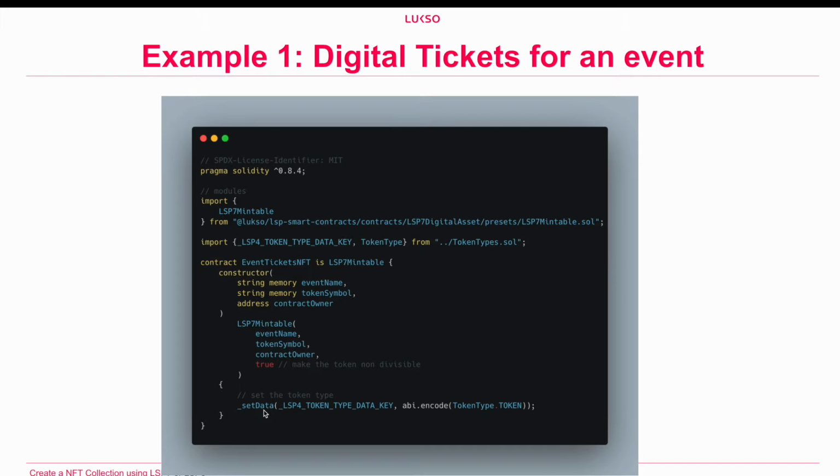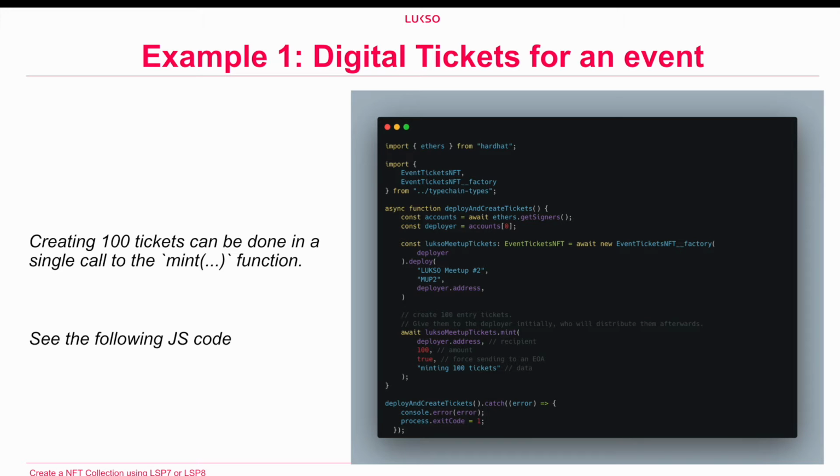And then we can set the LSP4 token type, as we said, to a token, meaning that what we are creating represents an actual token. So one ticket has the same value as another ticket. They are both interchangeable. And we can mint a batch of 100 tickets here all at once, as follows. And we are using here the traditional distribution pattern that is often used, where tokens are just minted to one address that will then distribute these tickets.